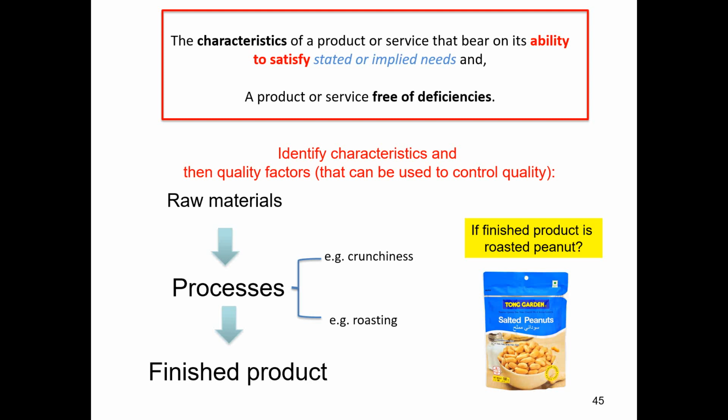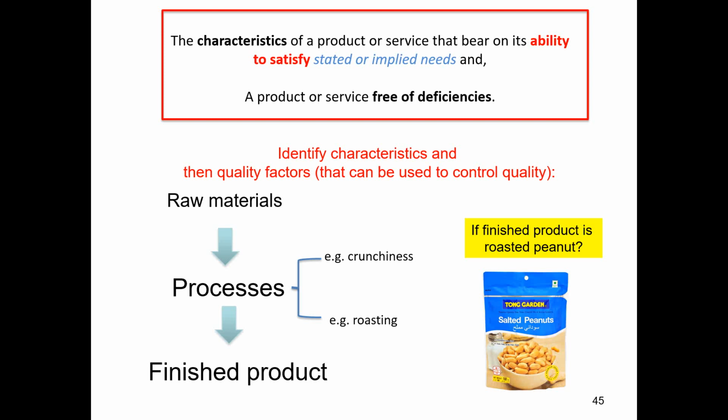They never state that they want a particular product in certain ways, unless your customer is another manufacturer that states the specification very clearly, the kind of chemical characteristics, the kind of physical properties that they really want. They state it on a piece of paper. But for ordinary consumers outside, they don't really know what they want. So we have to decide for them from their implied needs. And the product or service must be free of deficiencies.